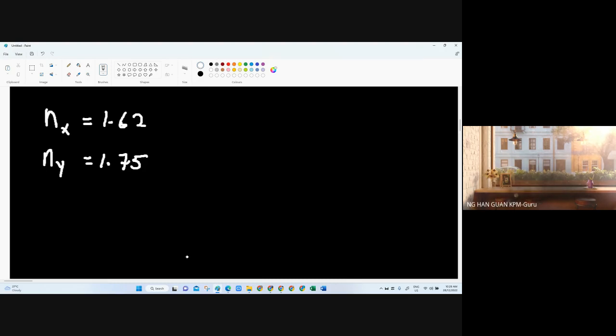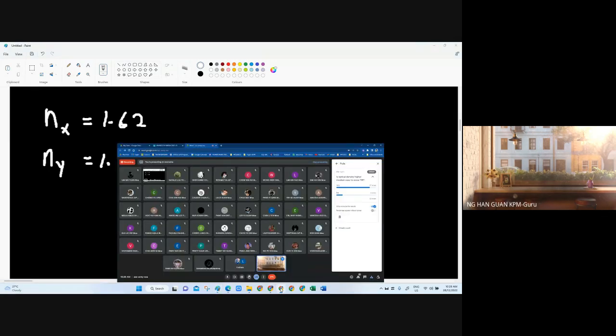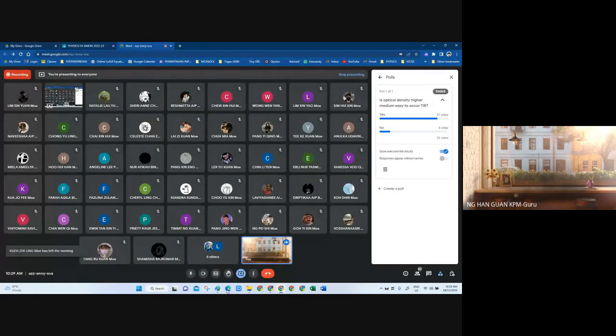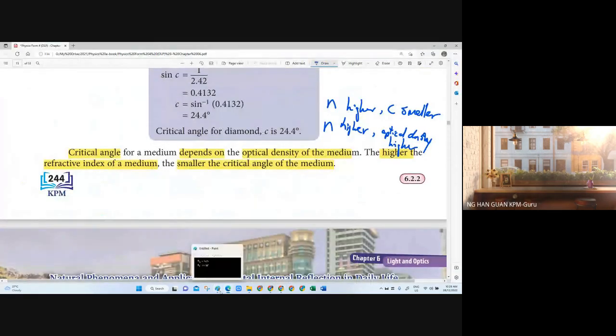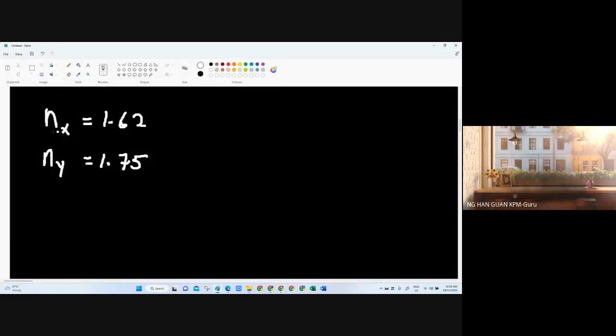Okay, so which one will be easier for total internal reflection to occur? With the given refractive index x of 1.62 and refractive index y of 1.75.